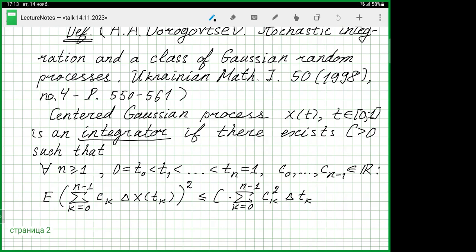Of course, if we have a step function, we can integrate it over any process. But after this, we always want to have some limits of step functions and so on. So we need some estimation. So we just postulate: let this estimation exist, at least for non-random step functions.